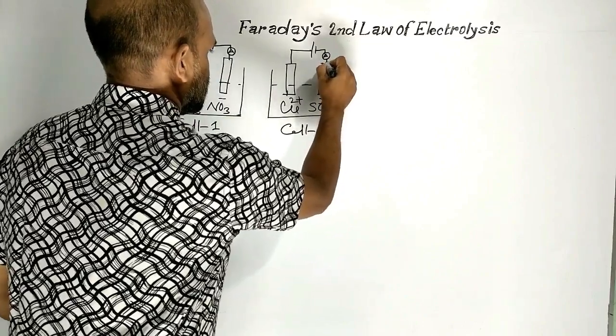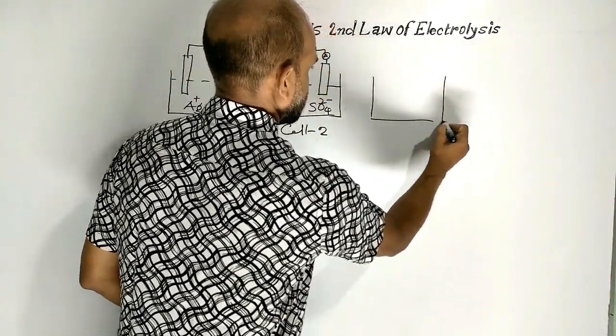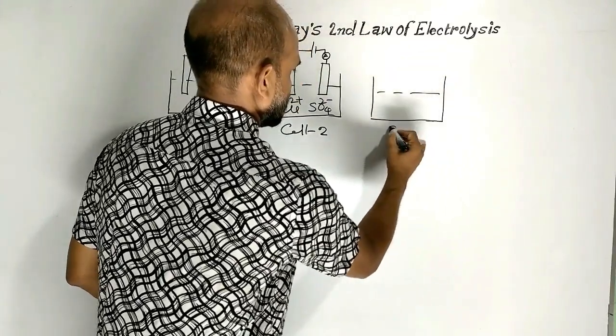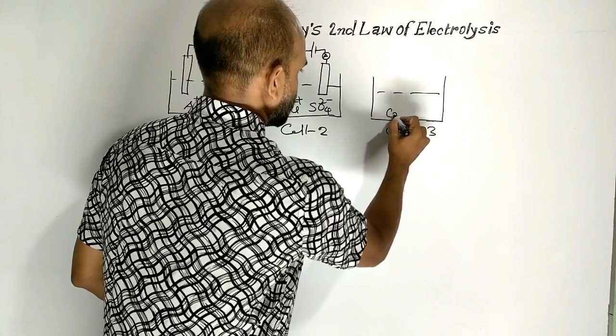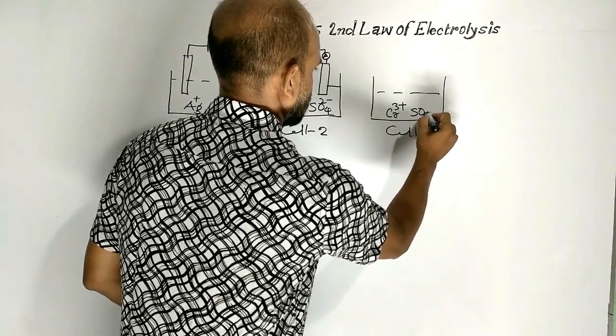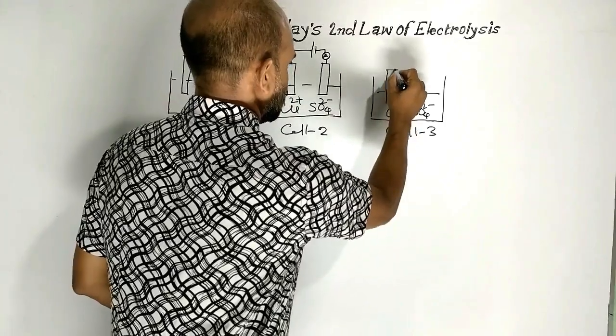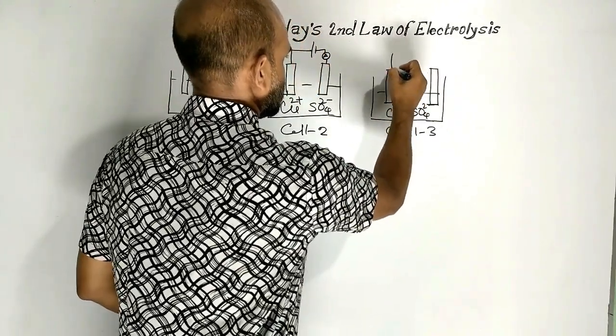Ammeter, cell 3 in which electrolytic solution of chromic sulfate has been taken. Anode, cathode.